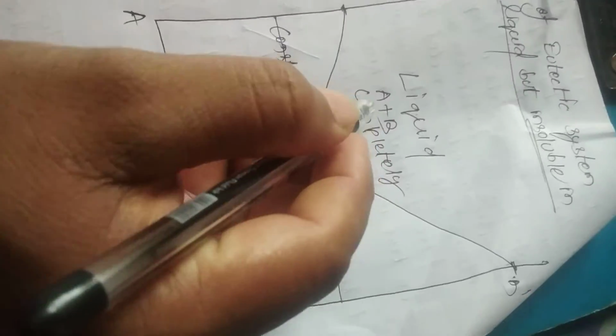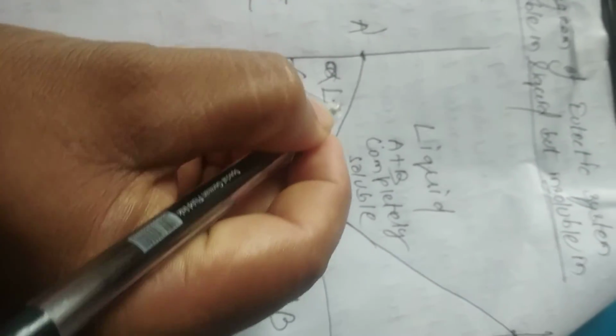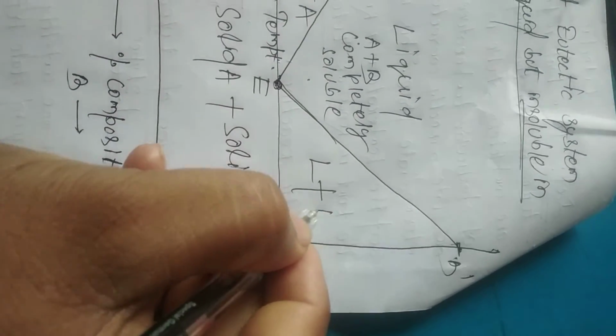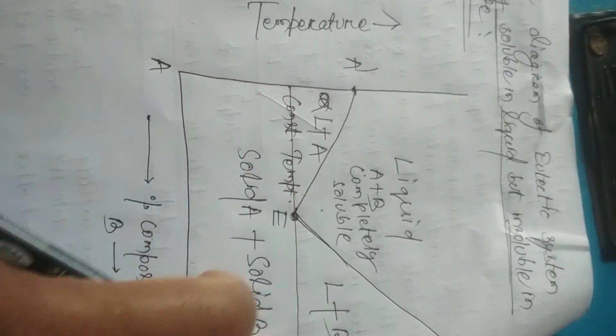So we can write here, this is liquid, we can say that this is L, liquid plus solid A. We can say that this is liquid plus solid B, and this is the alloy of solid A and solid B.